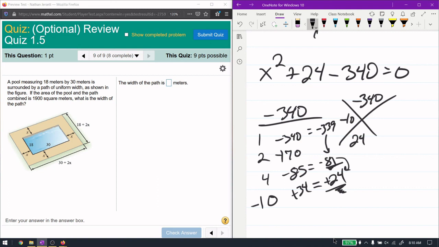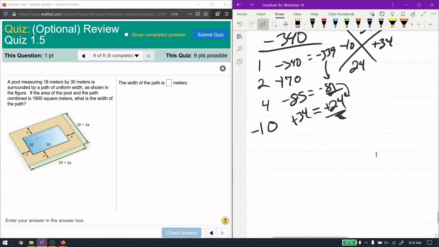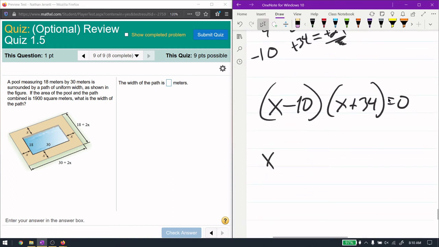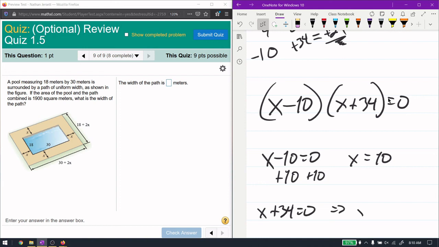Okay, so we have negative 10 and positive 34. A is 1 here, so I can immediately factor this into x minus 10 times x plus 34. And now I can get my answers. x minus 10 equals 0, so x equals 10. And of course x plus 34 equals 0 just gives me x equals negative 34.